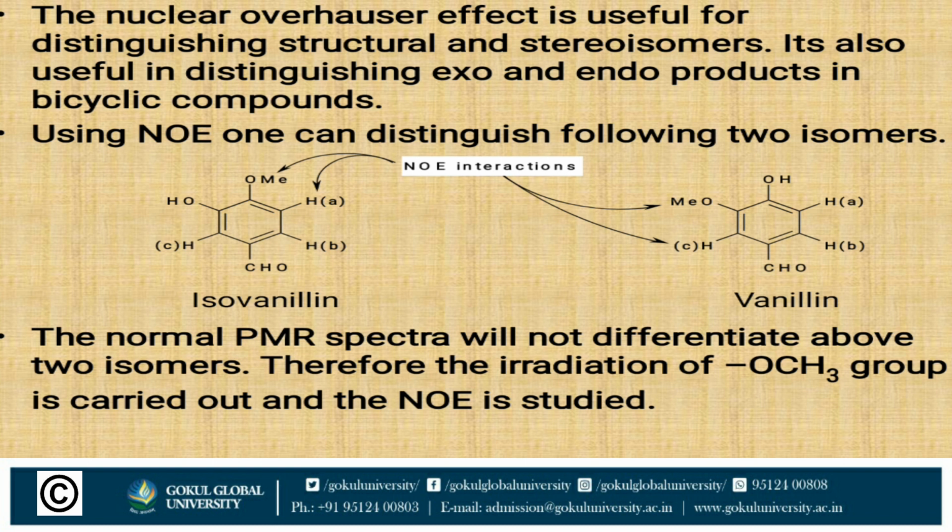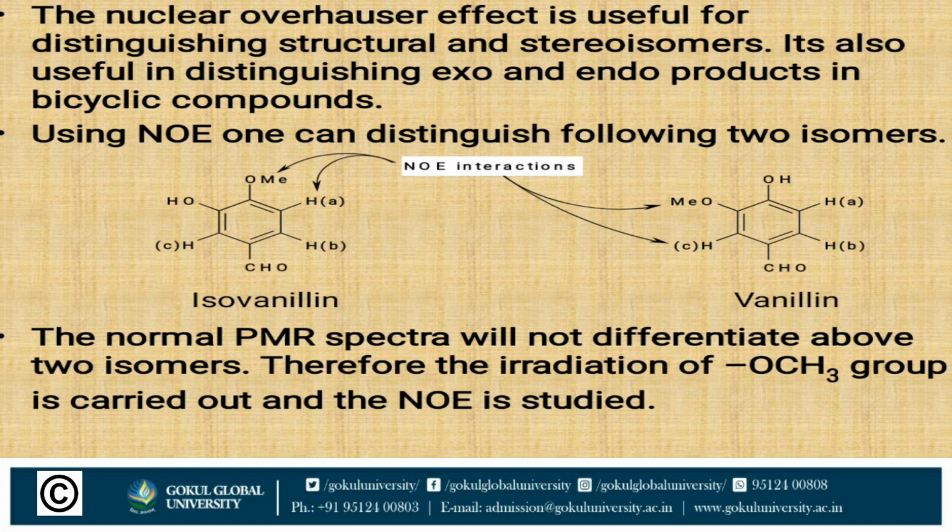How is this really used? We saw this example. The nuclear Overhauser effect is useful for distinguishing structural isomers and stereoisomers. It is also useful in distinguishing exo and endo products in bicyclic compounds.